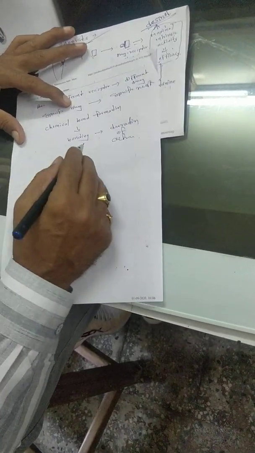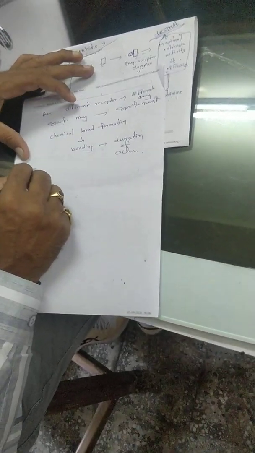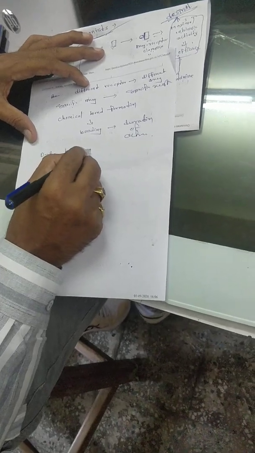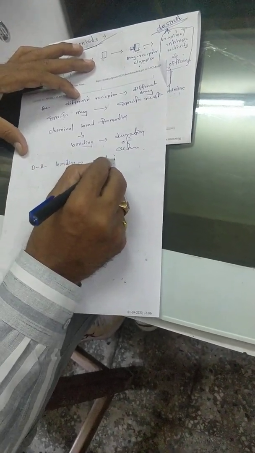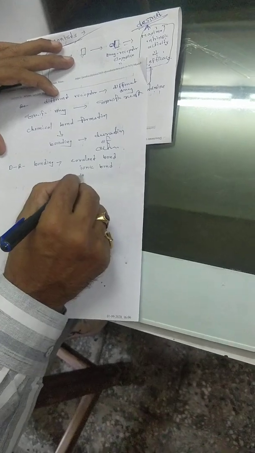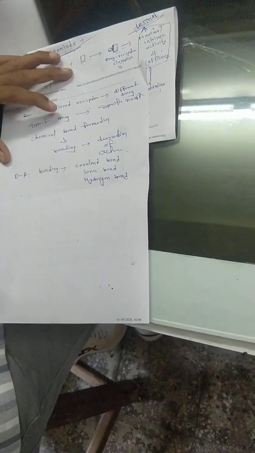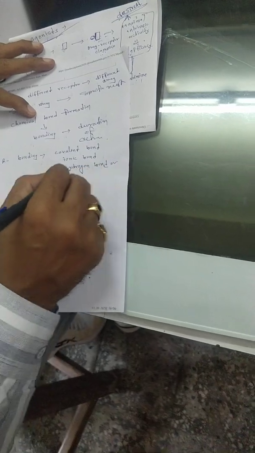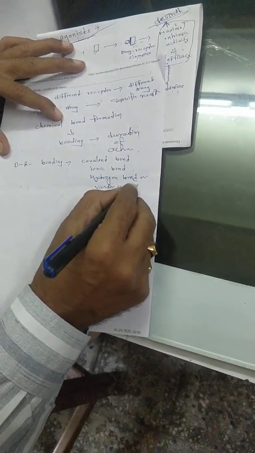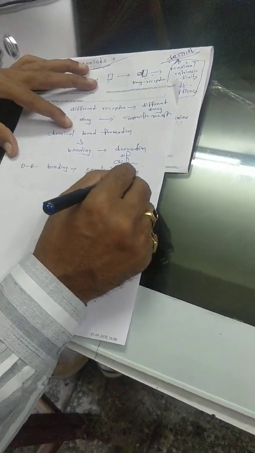The nature of bonding between drug and receptor may be a covalent bond, ionic bond, hydrogen bond, or van der Waals bond. The covalent bond is the strongest bond.